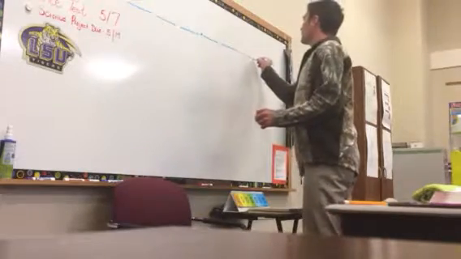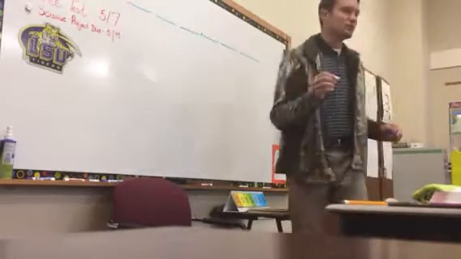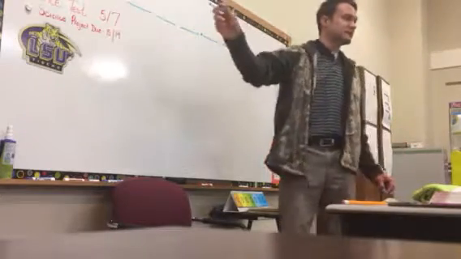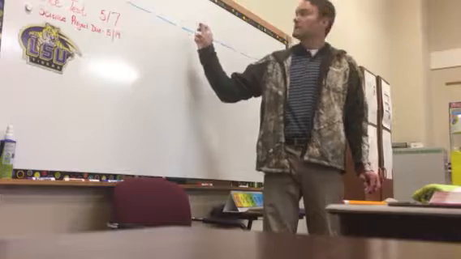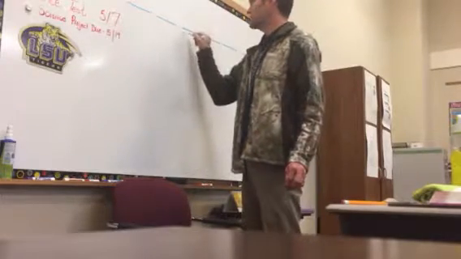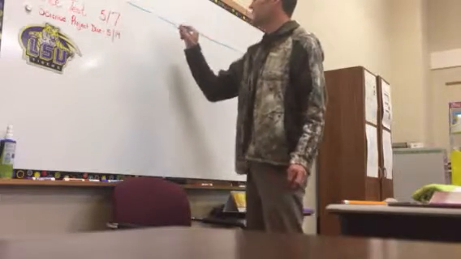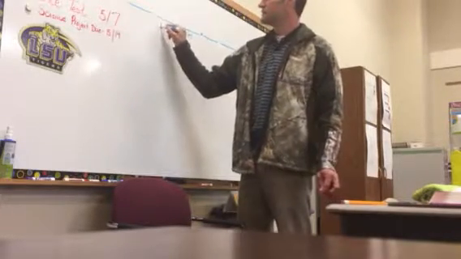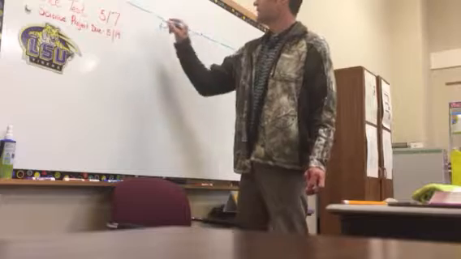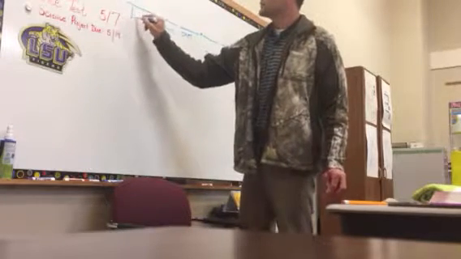Just to review, when we're on the left side of the decimal point, what's this spot here called? This is the ones. Then this one is the tens. And then hundreds. Okay?